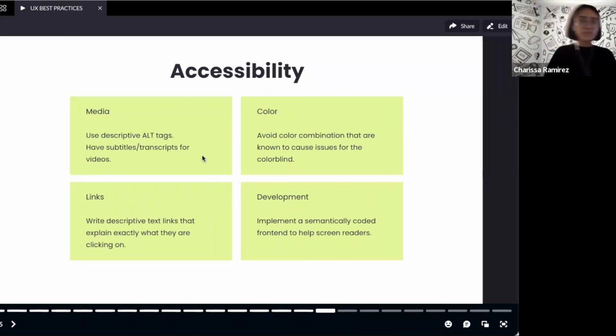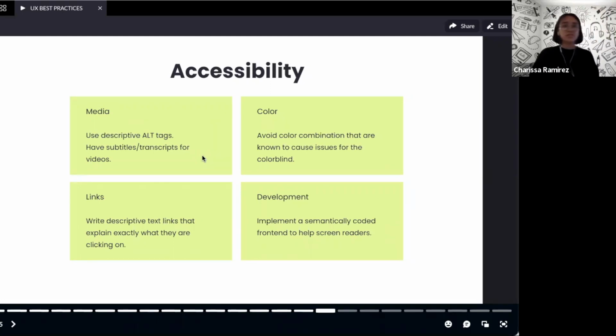As for the links, I see this a lot, links with just "click here." That's not good, because we should instead write descriptive text links that explain exactly what they're clicking on. This will help users with motor impairments, cognitive limitations, or visual disabilities by helping them avoid unnecessary keystrokes to visit content that is not relevant to them.